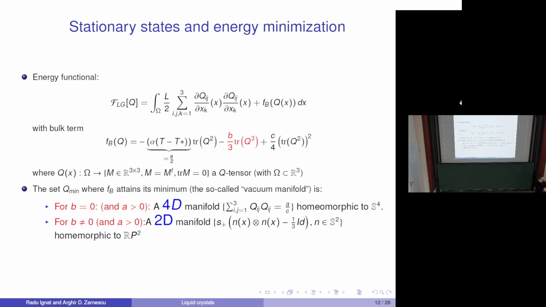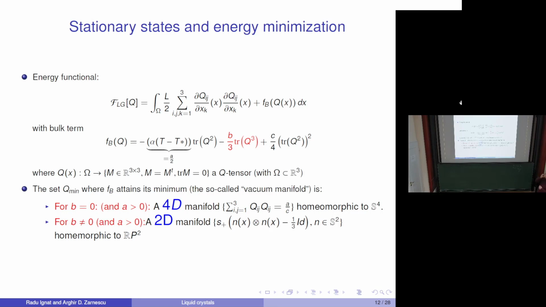So you have an energy function that involves these Q-tensor fields. So Q is now a function at each point in space. At each point in X, you take a Q-tensor in the target space.